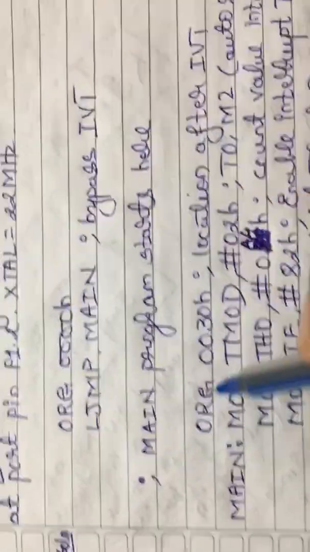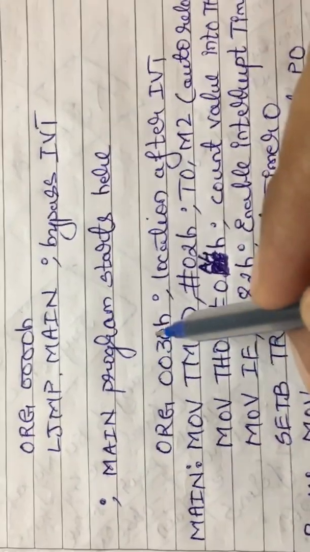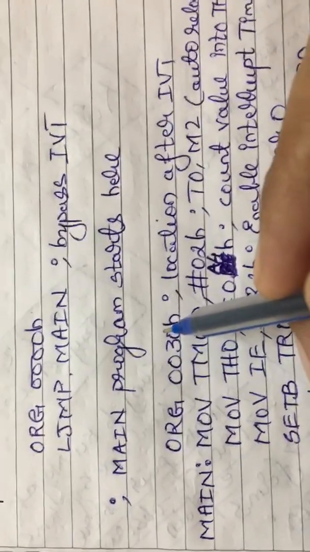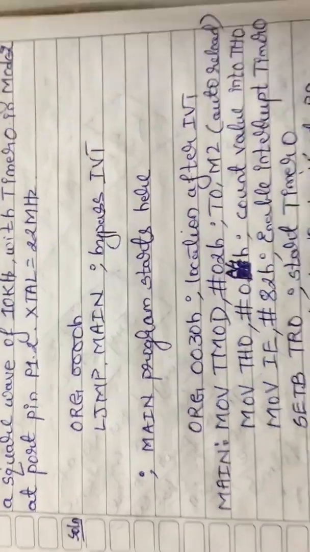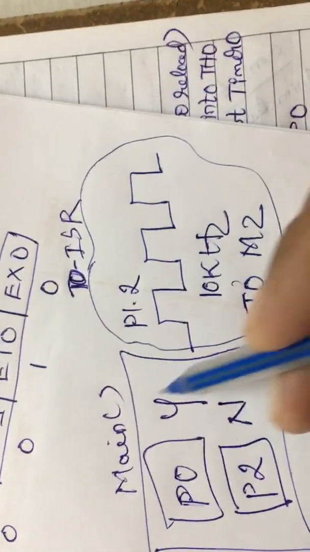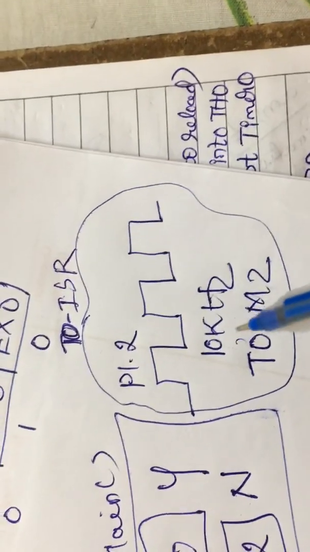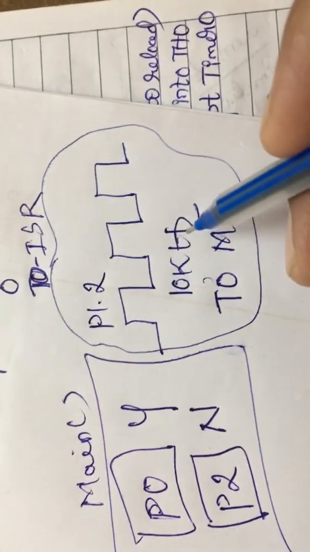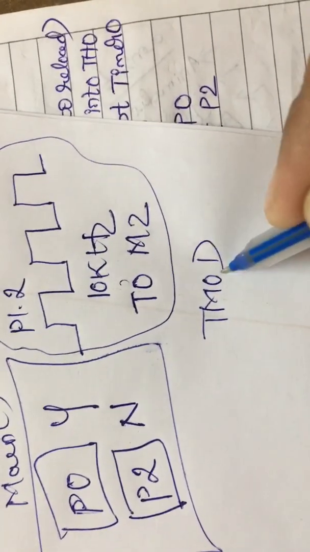Okay. First and foremost thing, as in case of timer, we have started with TMOD. First we need to program the ISR, then we need to write the main program. While writing the instructions with respect to the timers, first we need to give the information about TMOD, right?